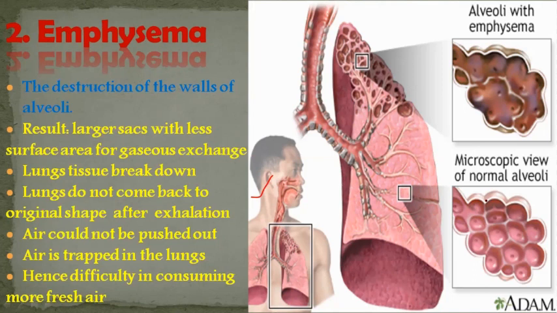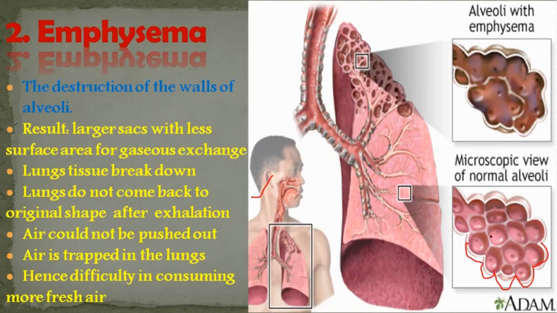Alveoli are the respiratory sacs in which air is filled by breathing in oxygen, and here are capillaries, and capillaries exchange carbon dioxide and oxygen in and out of these alveoli from the blood. So this is the normal condition.